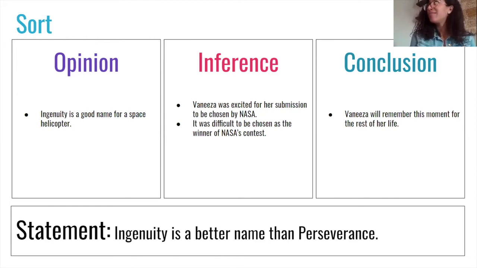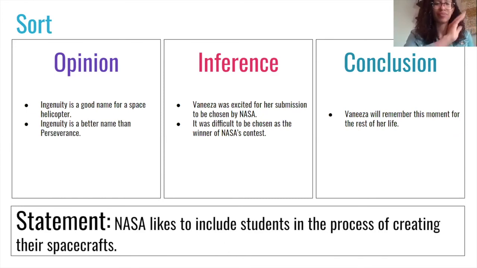Well, I hope you've gotten your answer written down. Let's check to see what category it belongs under. That was an opinion. So that was clearly something that the reader would be thinking. Okay, that is something that is not fact, it is an opinion.